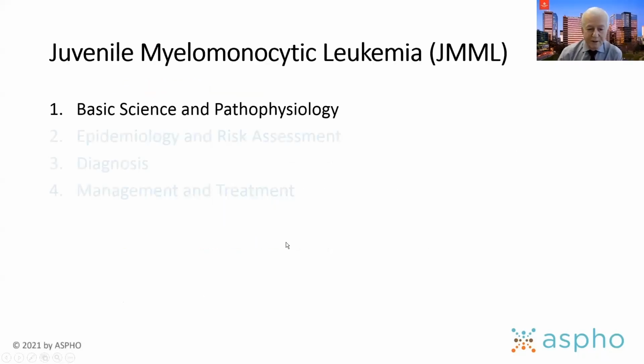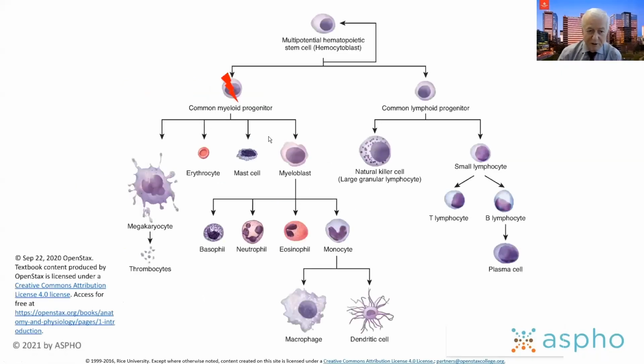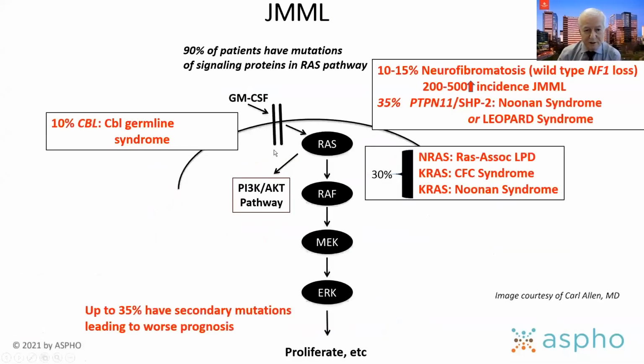JMML is a very interesting entity, which is the result of abnormalities in the common myeloid progenitor, just a little bit after the stem cell is constructed. And JMML is an abnormality of the RAS pathway. 90% of the patients have mutations of the RAS, RAF, MEK, and ERK pathway.